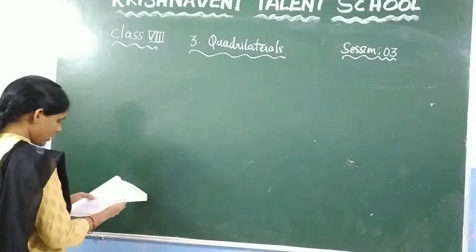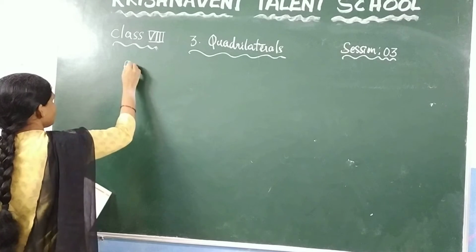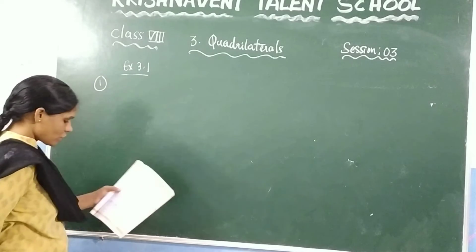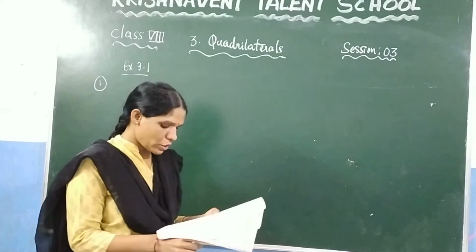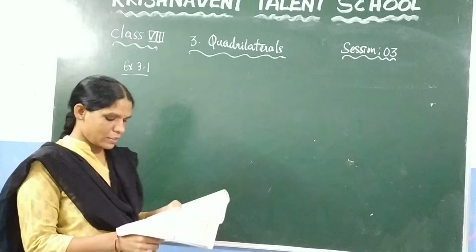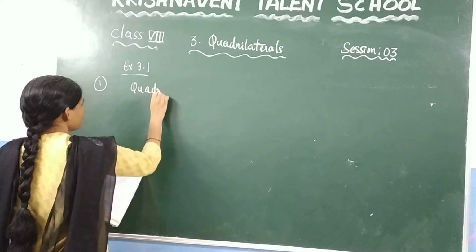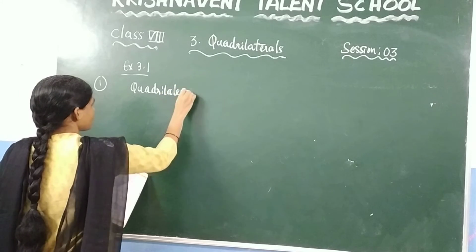See exercise 3.1, first question. Here, the first question asks to construct the quadrilateral ABCD.